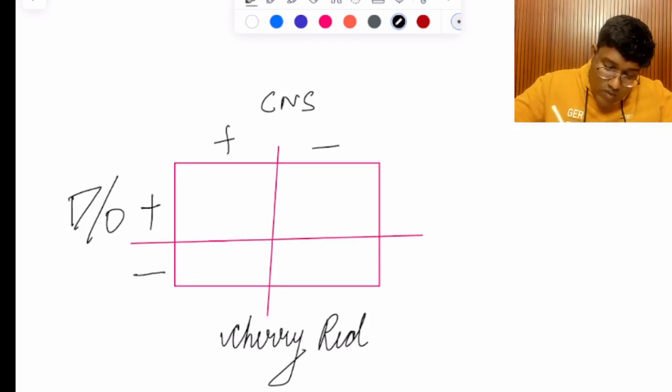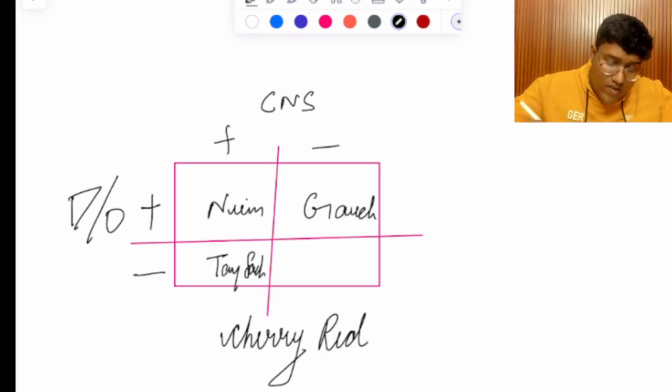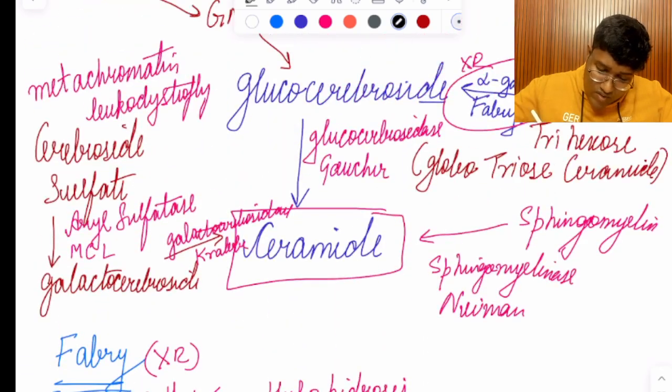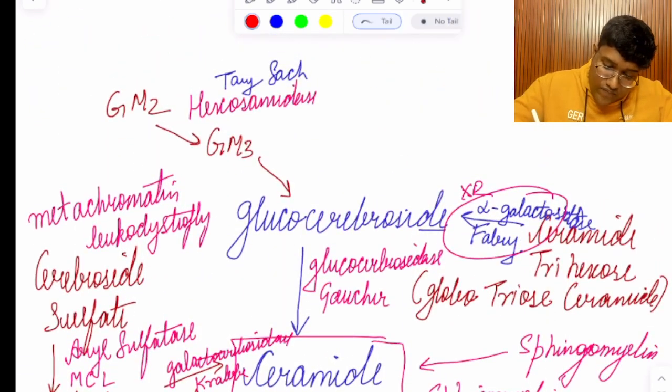Okay, and just remember this. Always start from this corner: N, G, and T. Niemann-Pick, this is for Gaucher, this is for Tay-Sachs. What are these, N, G, T? I'll just put it here for you.